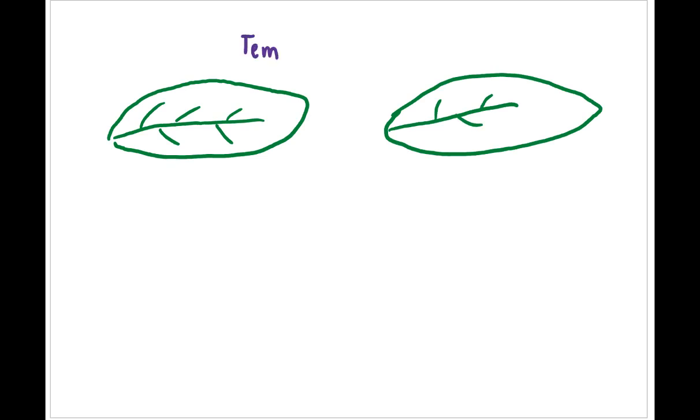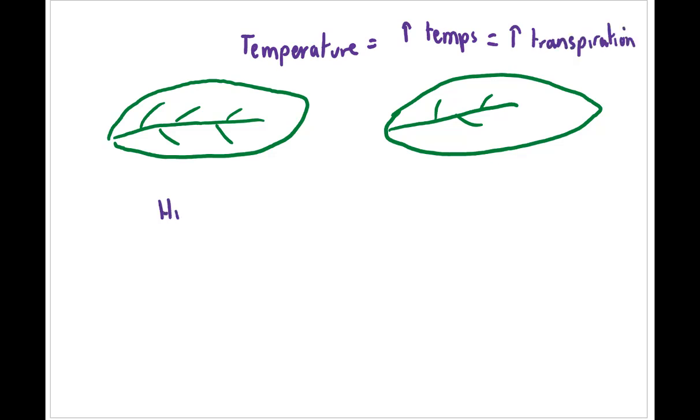Now, there's two leaves here, but in general, if there are higher temperatures, there should be more transpiration taking place. Now, here's why. So this leaf is in high temperature, and this one's in low temperature. This just shows the water molecules within the leaf on the left, and this shows the water molecules in the leaf on the right.